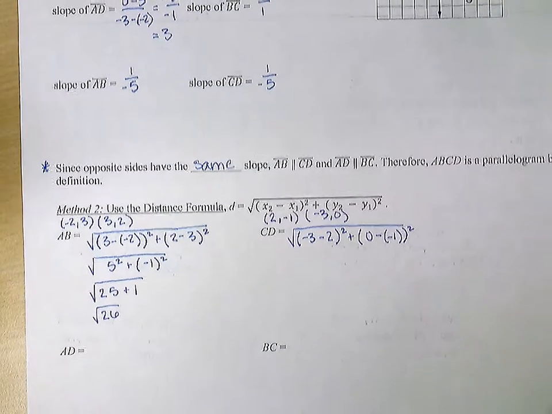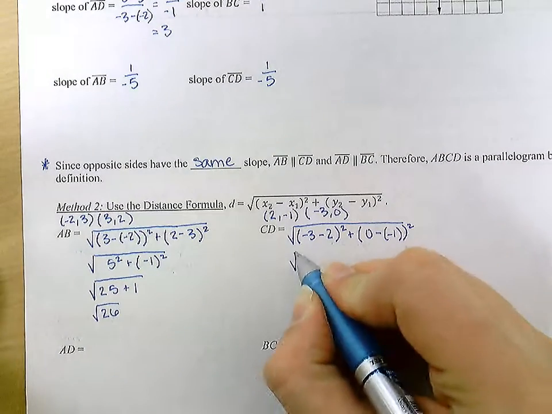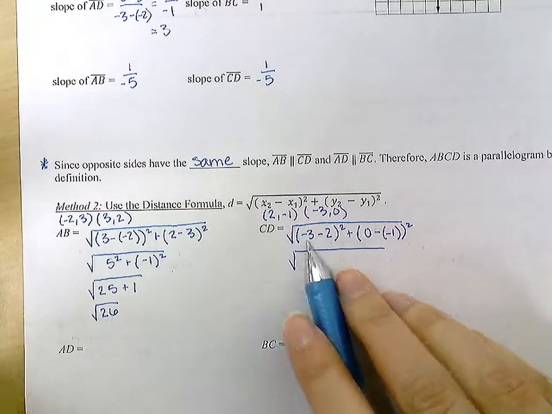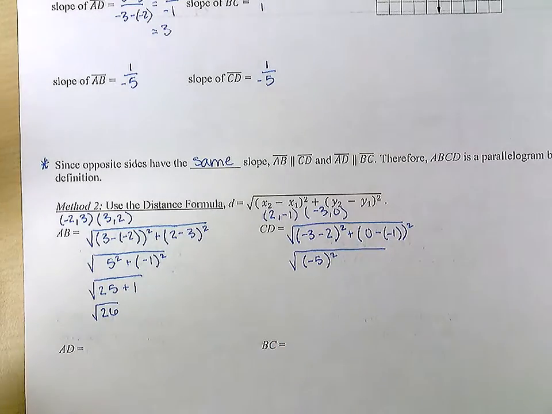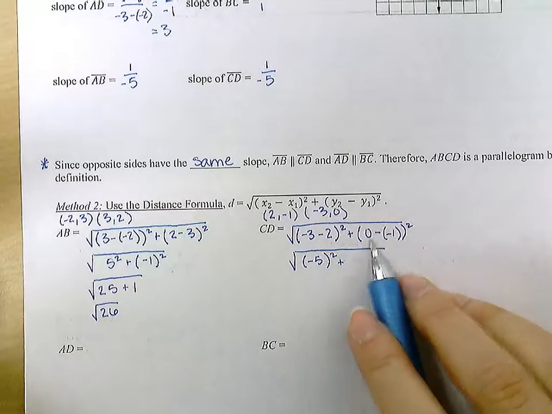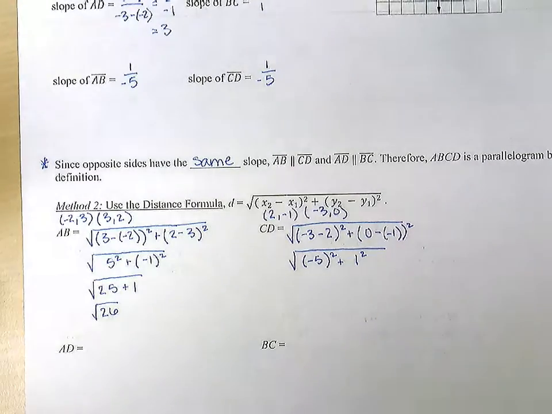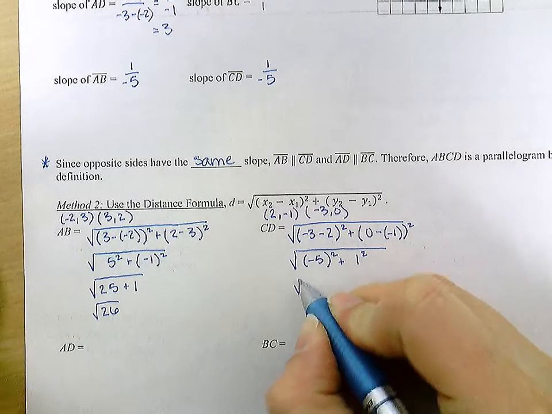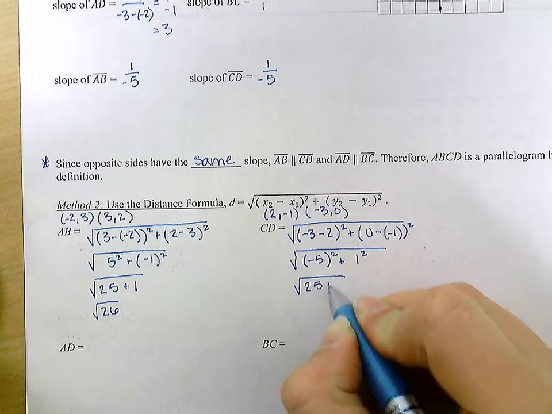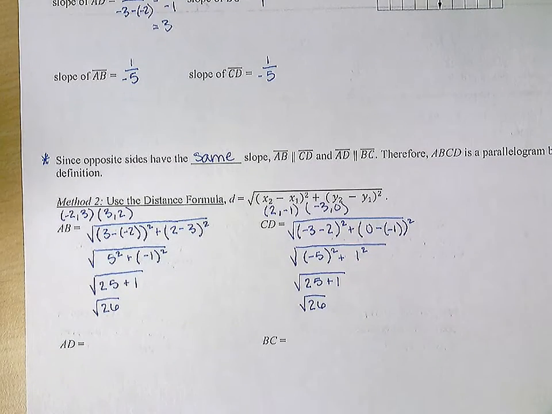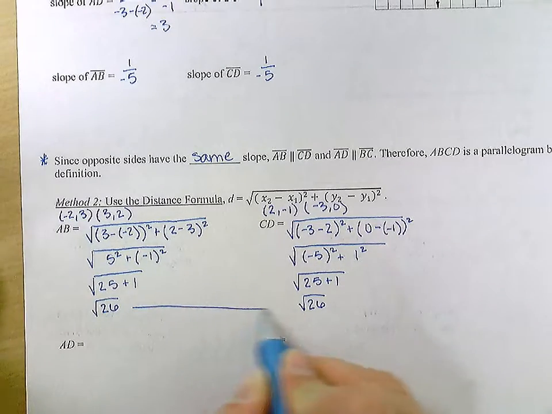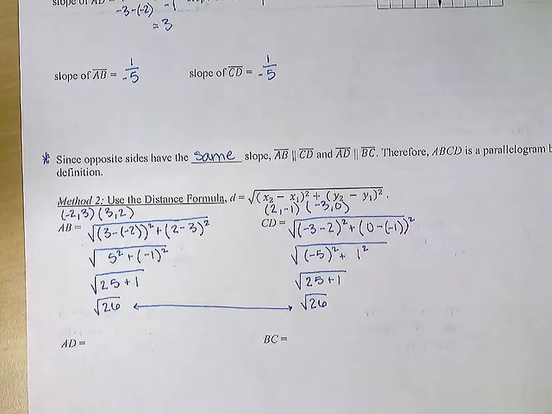That quantity is squared. Okay, so I have -3 minus 2. That's -5 squared. Plus 0 minus -1 is 1 squared. So I end up with the square root of 25 plus 1, which is the square root of 26. Okay, so far so good. My opposite sides here, I am comparing these. They are the same, meaning those two segments within my quadrilateral are congruent to each other.